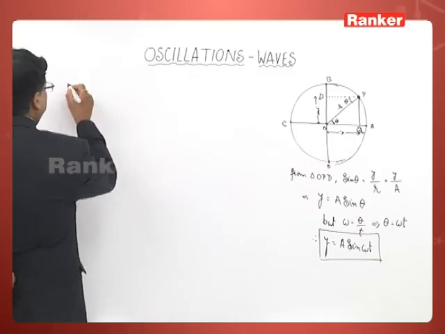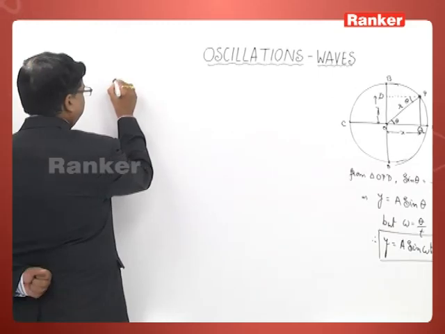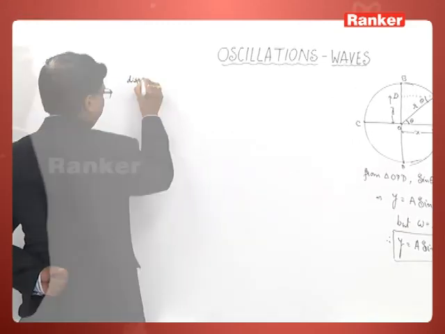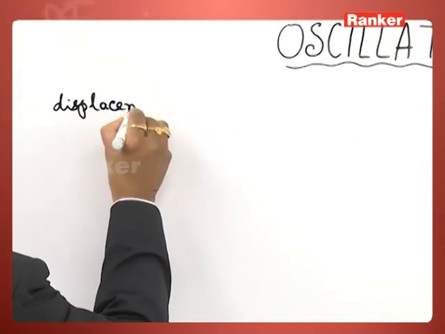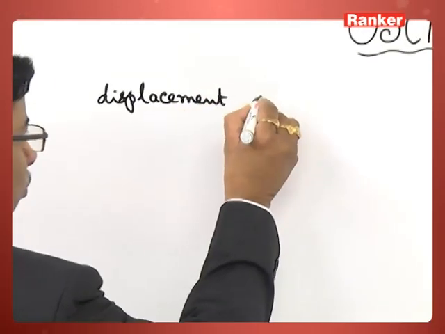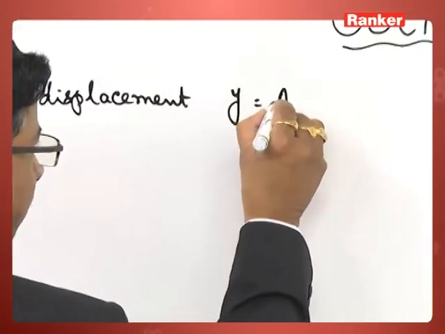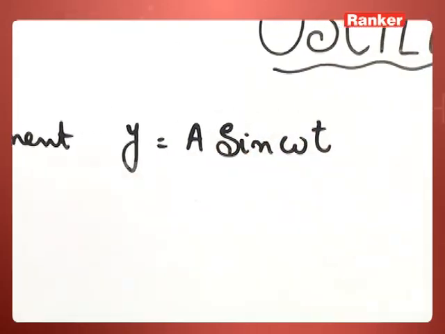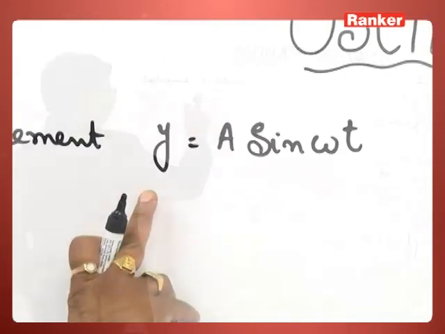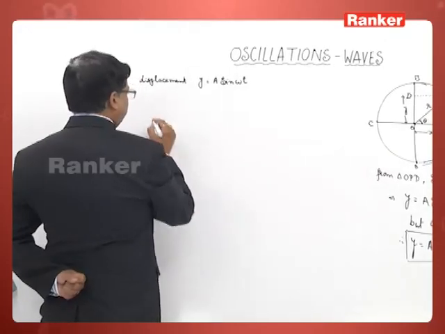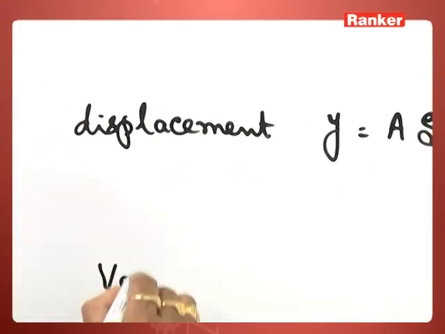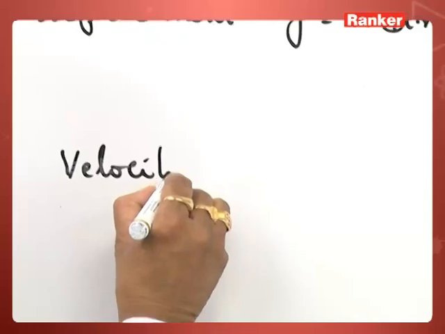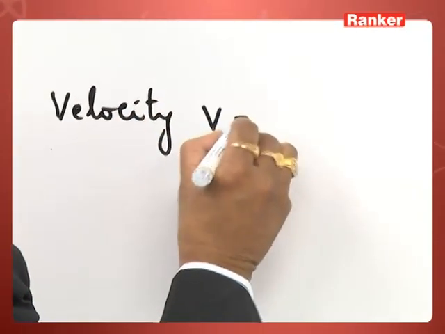Let us write here, I just take up first displacement. y is equal to a sin omega t. When the displacement equation is given this way, what would be the equation for its velocity?